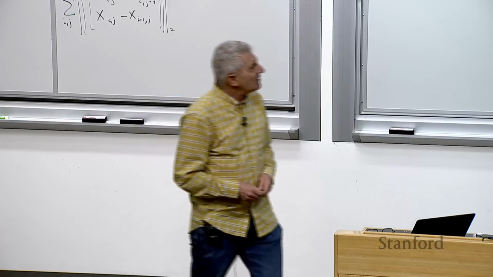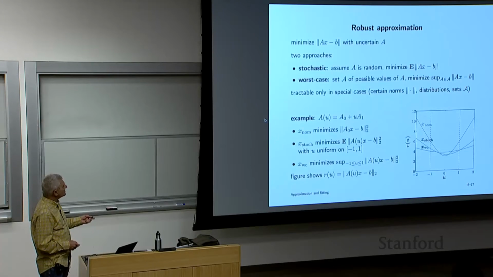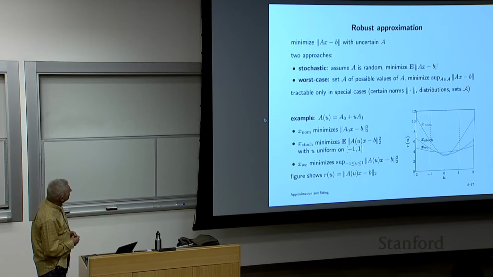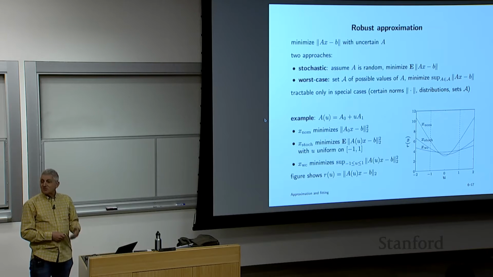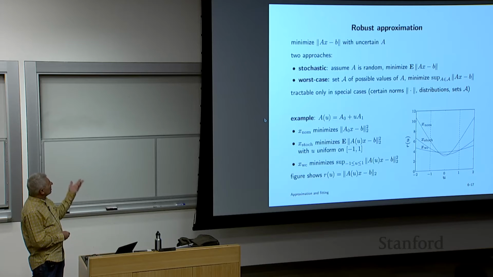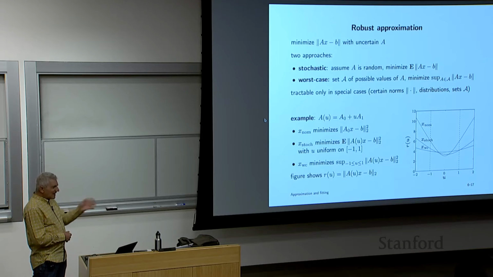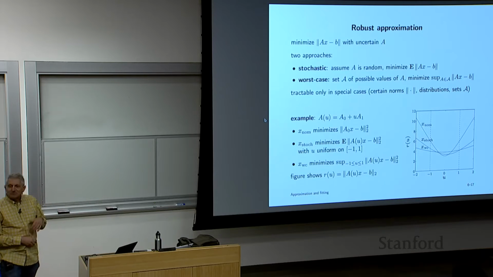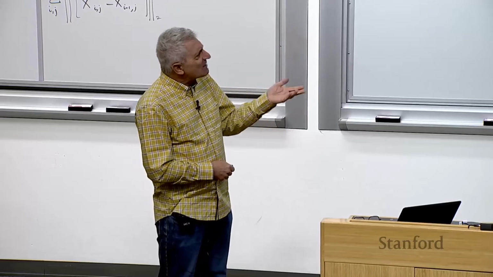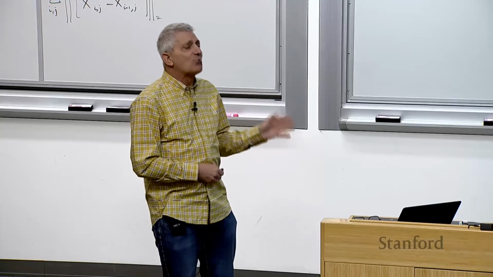And by the way, they have huge philosophical fights, which is kind of hilarious. The worst case people say, oh my God, it's so unsophisticated to assume a distribution, it's not a probability distribution, and so on. And the stochastic people, it's like a fight between Bayesians and frequentists or whatever. The stochastic ones say the worst case is way too conservative.